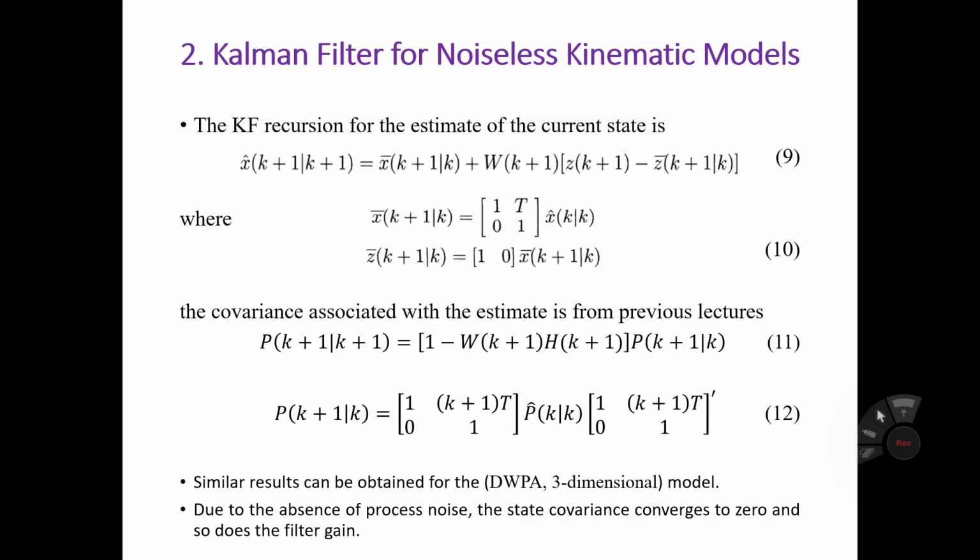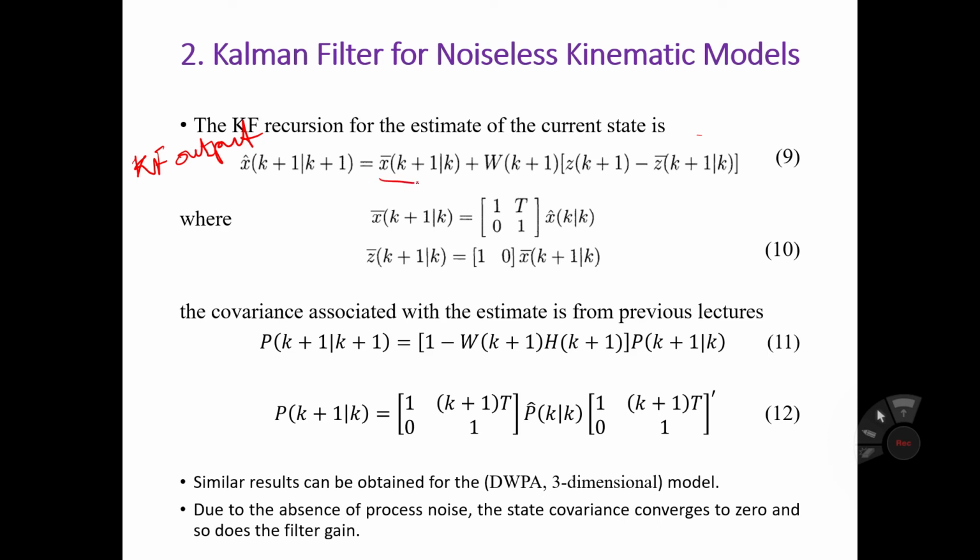How about the gamma filter for the noisy kinematic model? This is the same. So the prediction equation, this is the gamma filter recursion for the estimate of the current state. This is the gamma filter output equation.